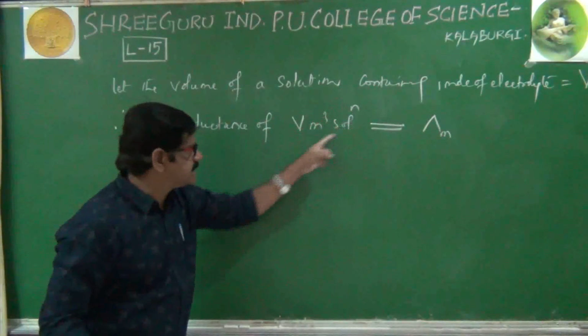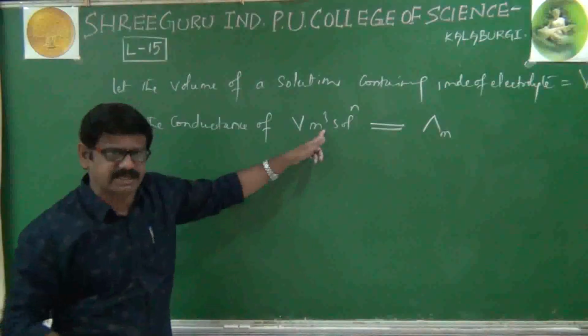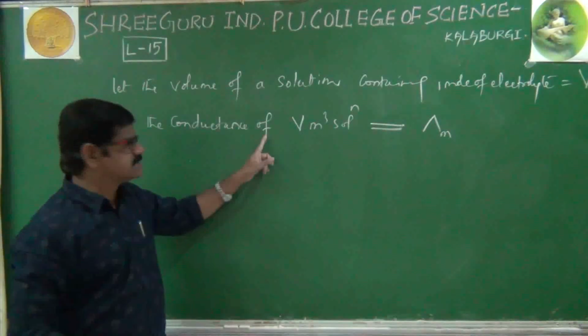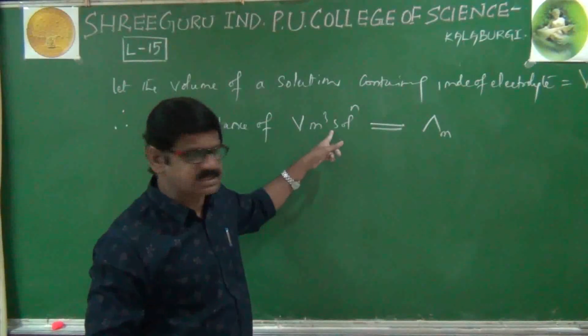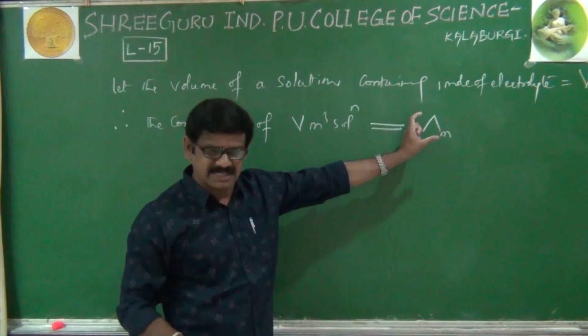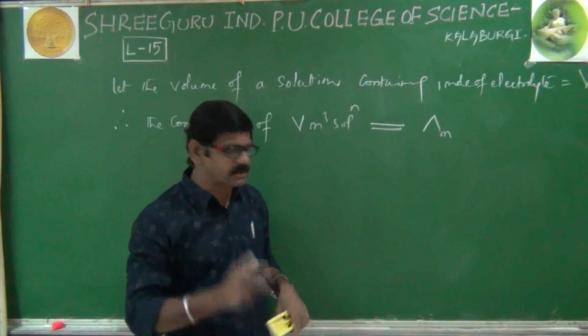Because this V meter cube solution contains 1 mole electrolyte, the conductance of this solution is nothing but lambda m, molar conductivity.